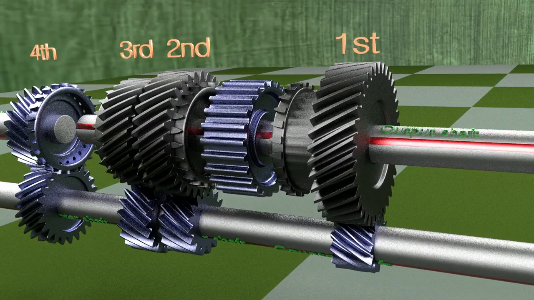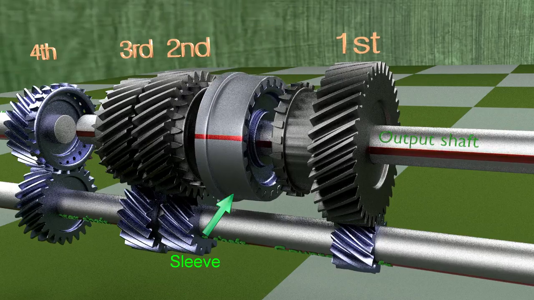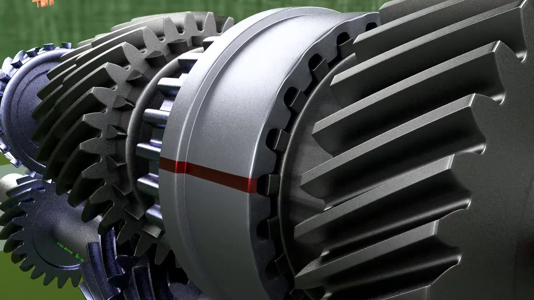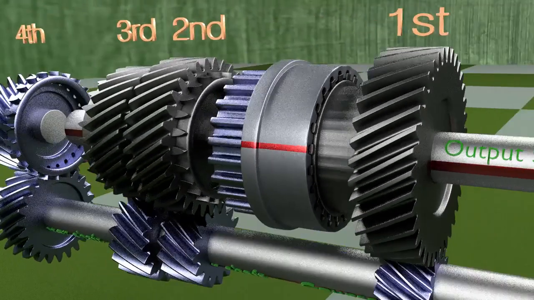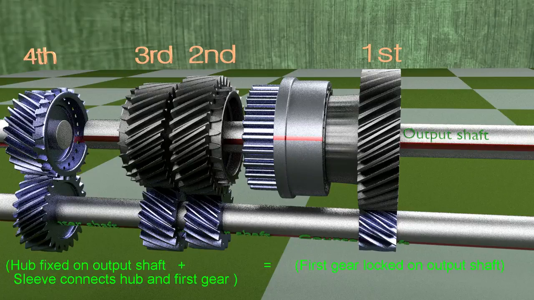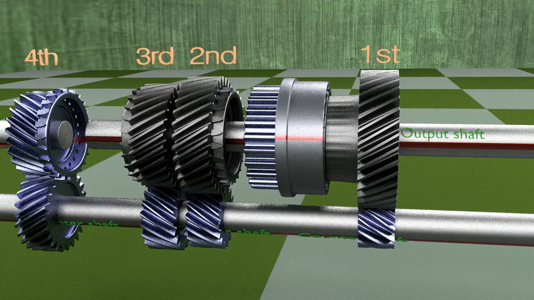A sleeve is splined to the hub and can slide axially on the hub. This sleeve can be slid and engaged with the synchro teeth on the side of the gear. This locks the gear to the output shaft through the hub. Thus, the locked gear, the output shaft, shift sleeve and the hub act as one unit and rotate at the same speed.